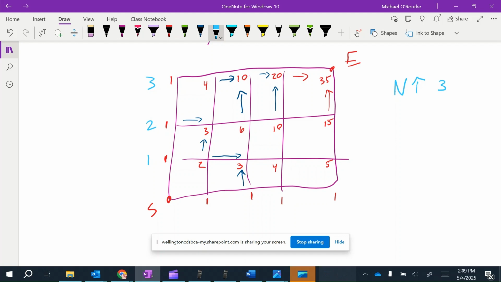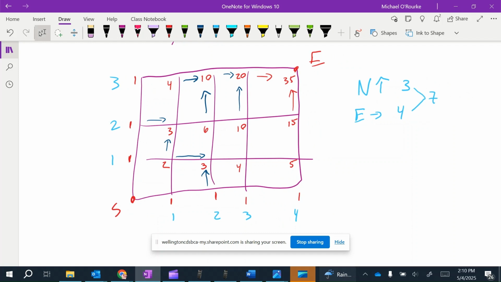Now if we consider our east moves, we have to go 1, 2, 3, 4 times east. So in total, we have 7 moves to make. And it doesn't matter when you make them, so order doesn't matter. So it's actually a combination question, and we can base our answer on either north moves or east moves.